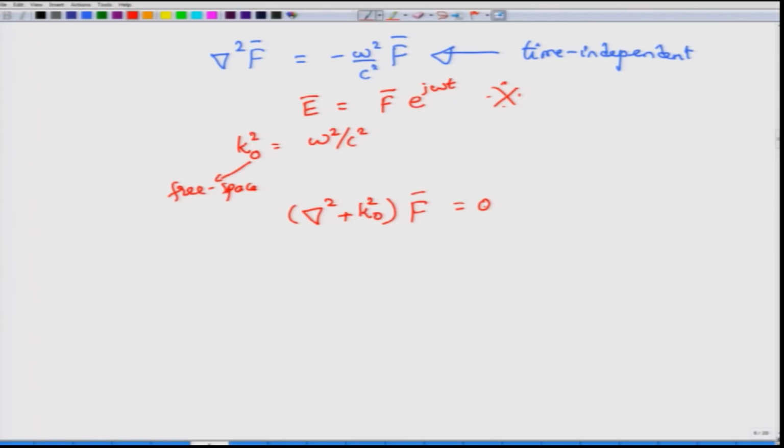In this equation I have assumed Cartesian coordinate system, which means that del square will be expressed in Cartesian coordinate system and f is a function of x, y and z coordinates. So far so good.